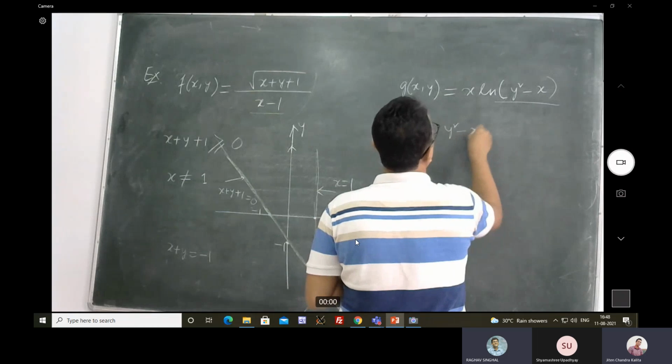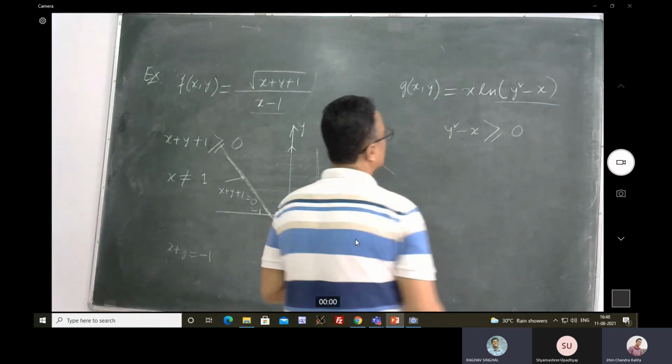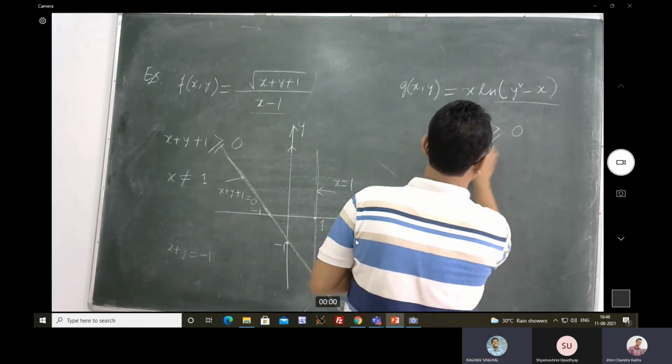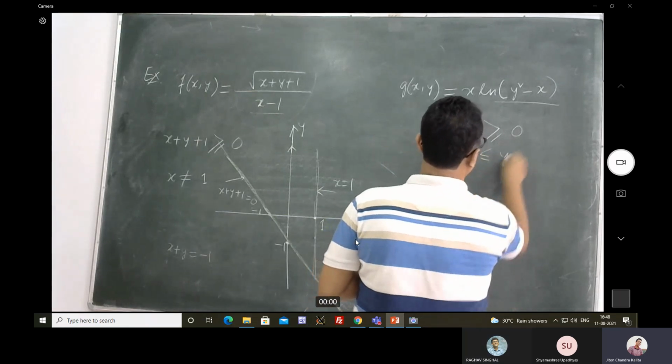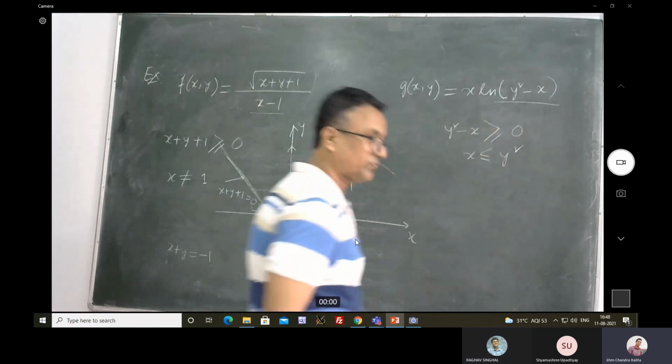So y square minus x must be greater than or equal to 0. That means x must be less than or equal to y square, right?